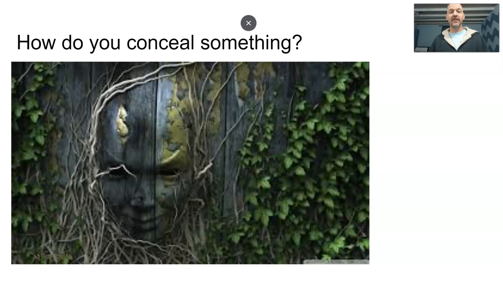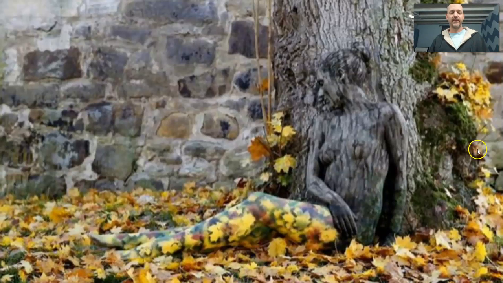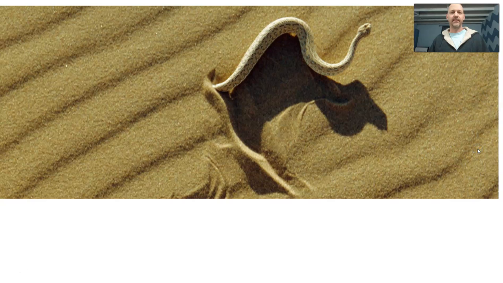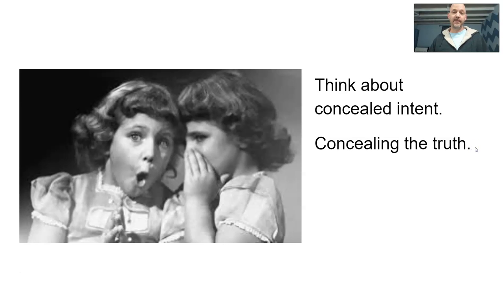How do you conceal things? How do you hide things? Again, animals conceal, right? For different reasons than we do. Maybe sometimes for the same reason. How about concealing your intentions?